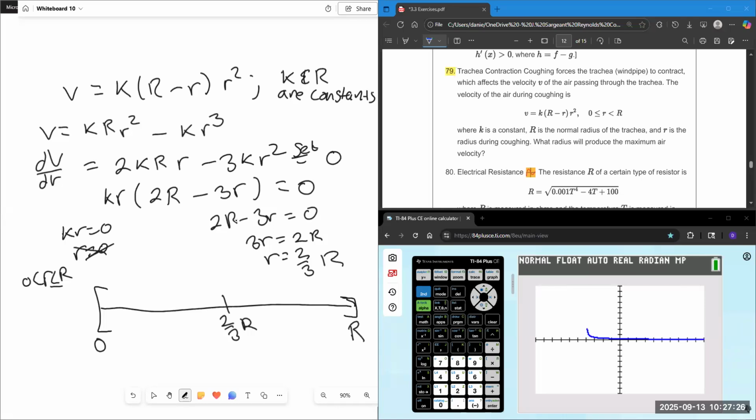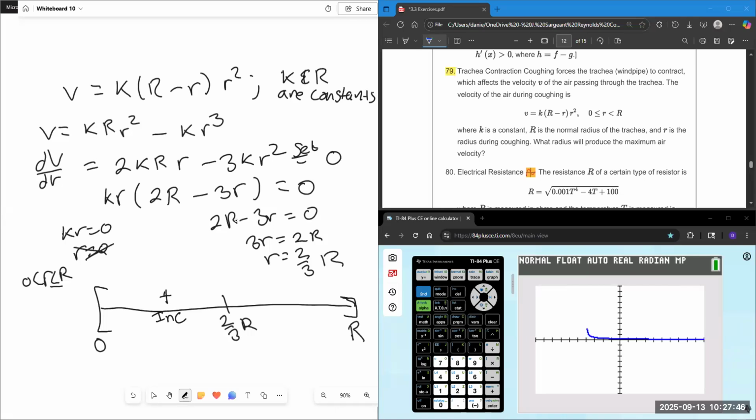If I pick something that is a smaller fraction than 2/3, like 1/2, then 2 minus 3/2 is positive, so it's increasing here.